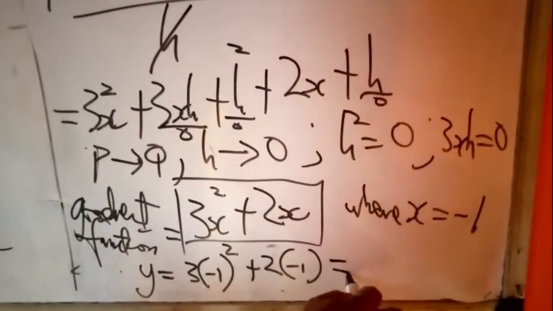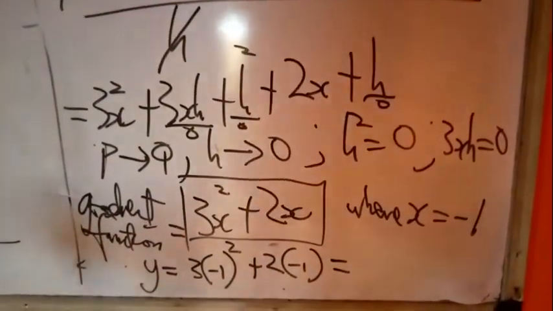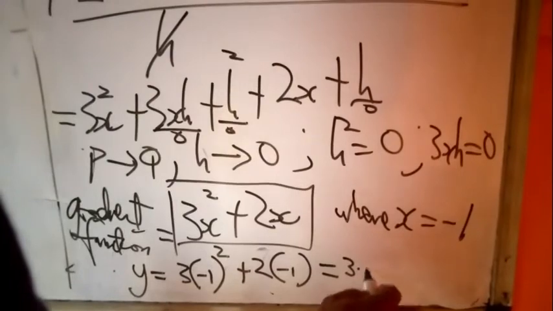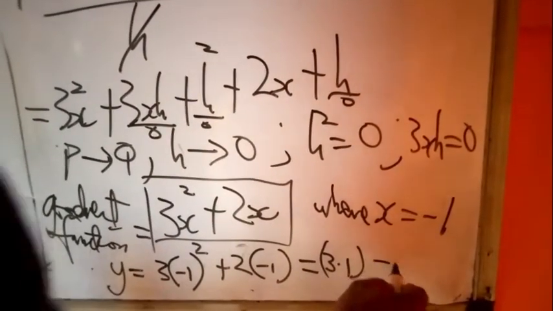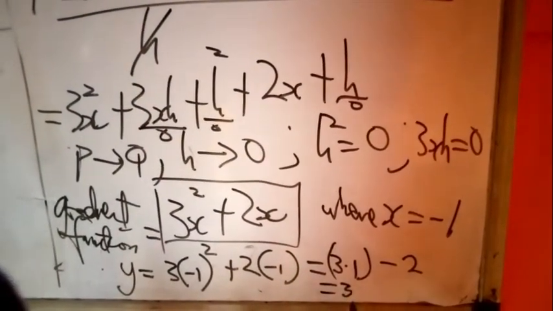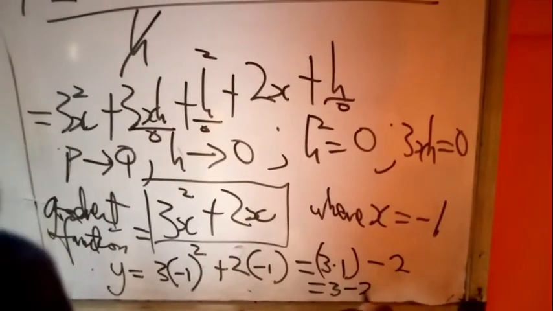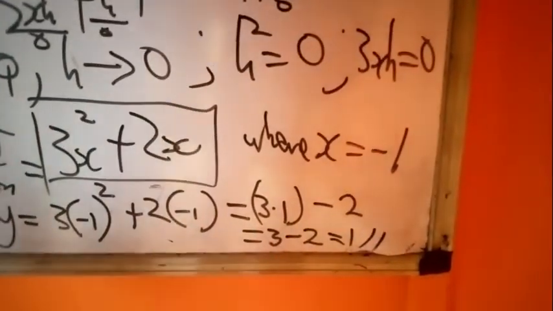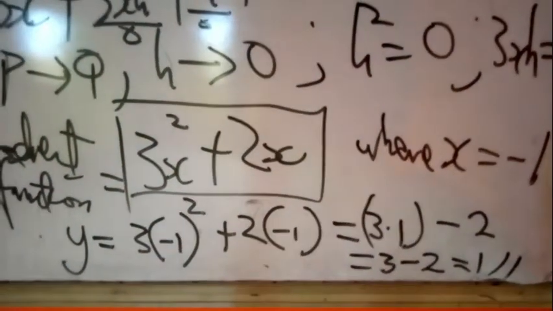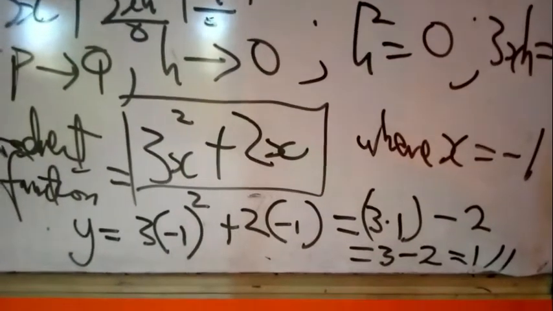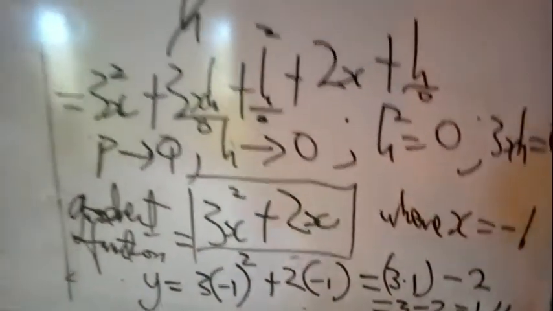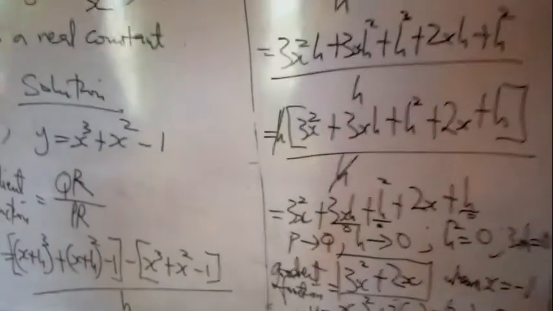When you square minus 1, you have 1. So it becomes 3 times 1 minus 2. So it's equal to 3 minus 2 equals 1. So that is our answer, y equals 1, when y is equal to x raised to power 3 plus x raised to power 2 minus 1.